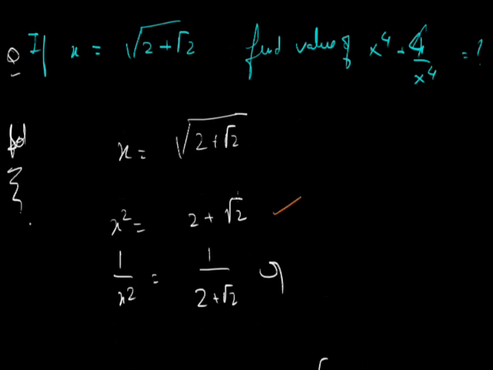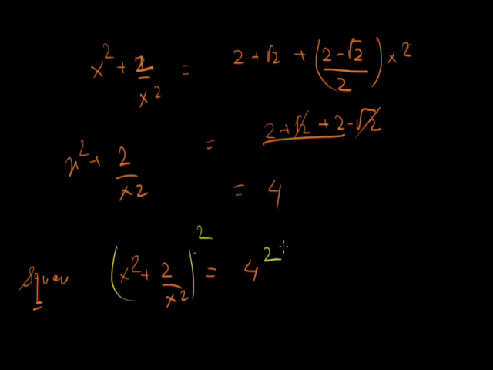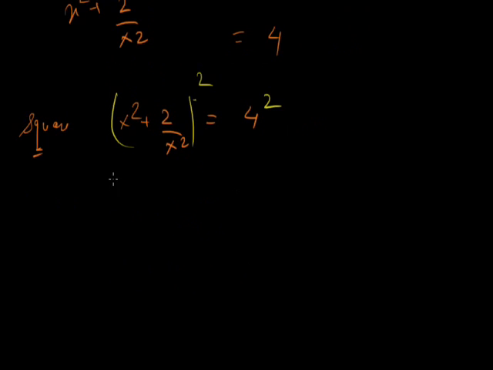We need to find the value of x to the power 4 plus 4 upon x to the power 4. We got the value of x square plus 2 upon x square. Let's square again. x square plus 2 upon x square is 4, and I'm doing the squaring. Now a plus b whole square is a square plus b square plus 2ab.